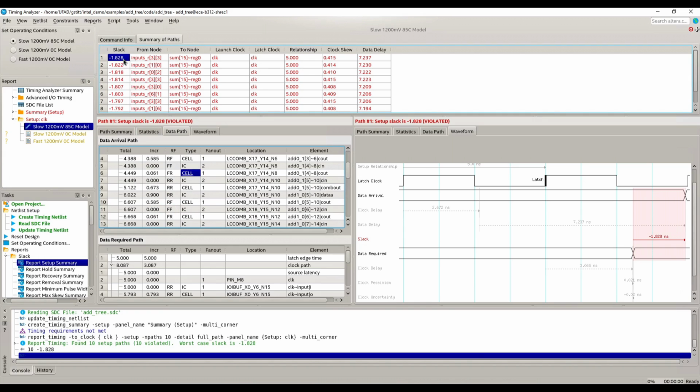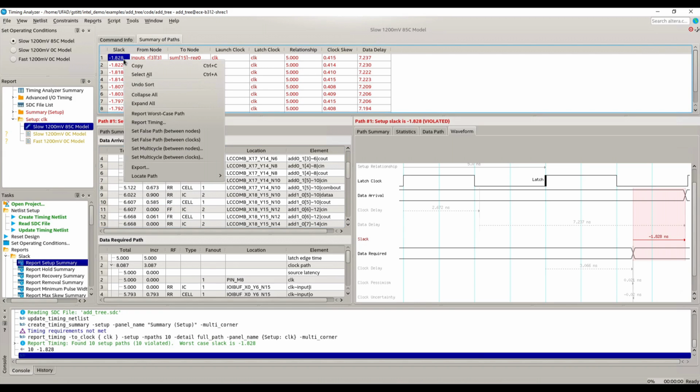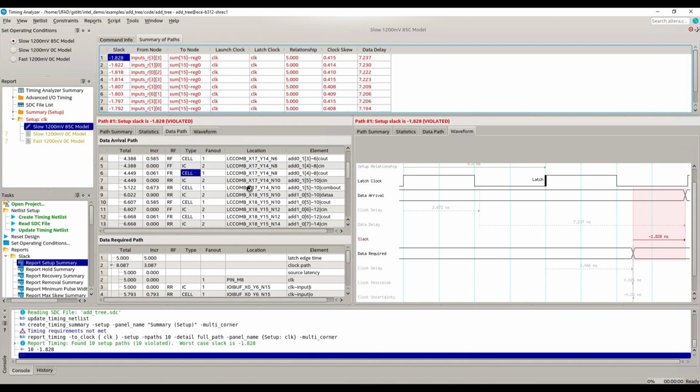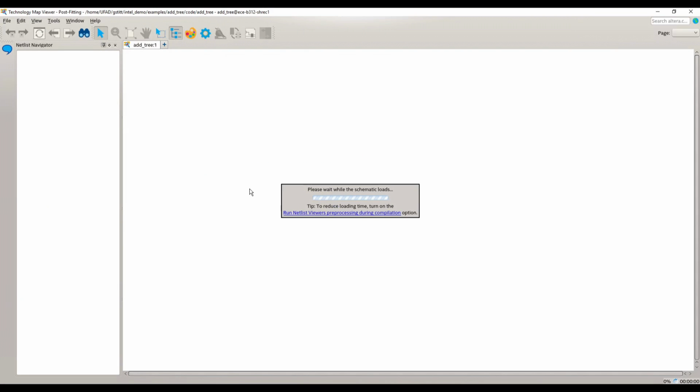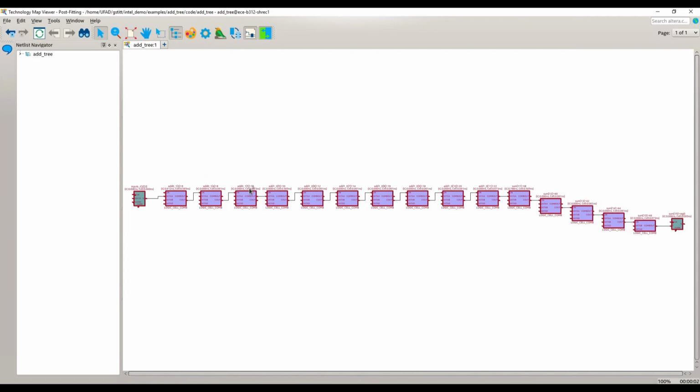What you can do is, if you just want a graphical representation of what's going on, you can come up here, do locate path, and locate in technology map viewer. So this now gives us a graphical representation of, this is our source flip-flop, this is our destination flip-flop, and these are all of the resources that the signal has to propagate through to get from the source to the destination.